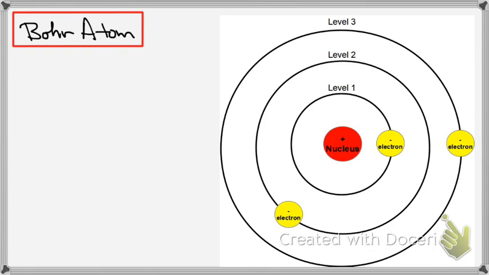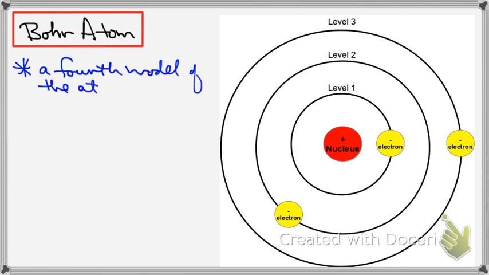So, once again, we have experimental evidence that isn't fully explained by the Rutherford model, so as always, we're going to modify our picture of the atom, and we have what we call the Bohr atom. And in the Bohr atom, you can see we still have that positive nucleus, because we're going to have protons and neutrons in there. And Bohr has developed a fourth model then.